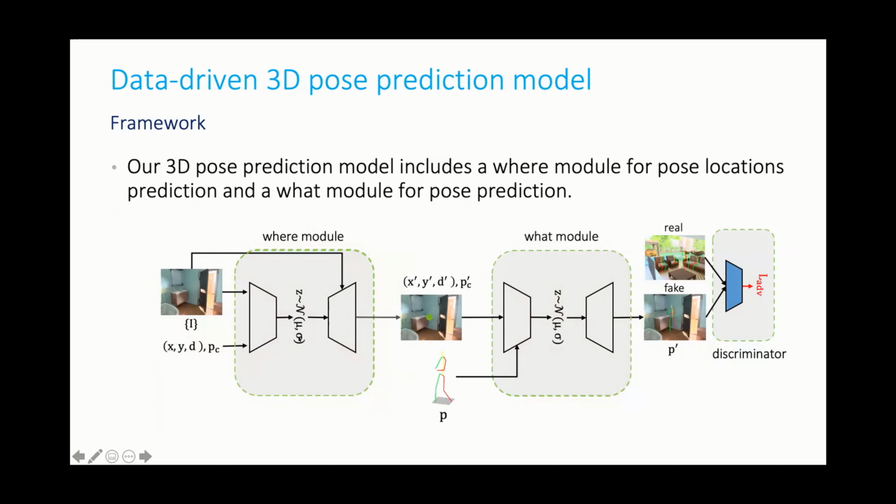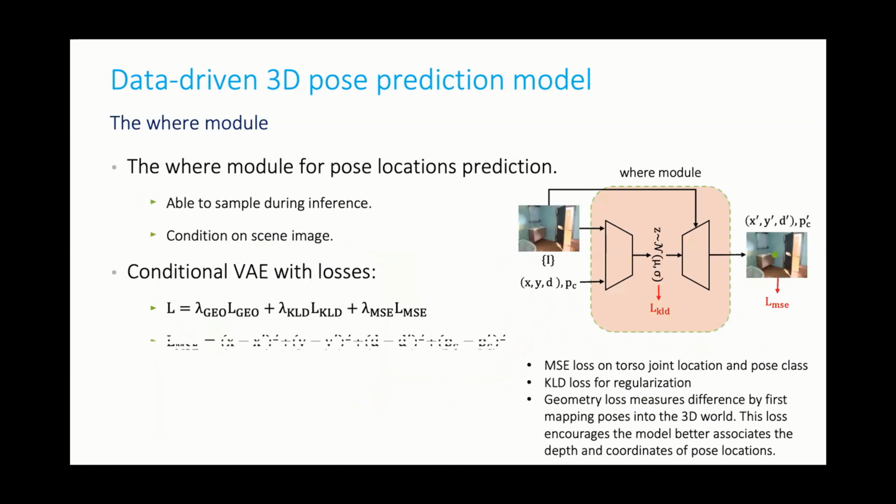Given the time I have, I'll skip some of that, but the ideas are pretty similar. We need to train the where and what module, and we use reconstruction error and KL divergence to determine, given one 2D image, how we draw samples so that we can insert a human in the scene and generate different poses.